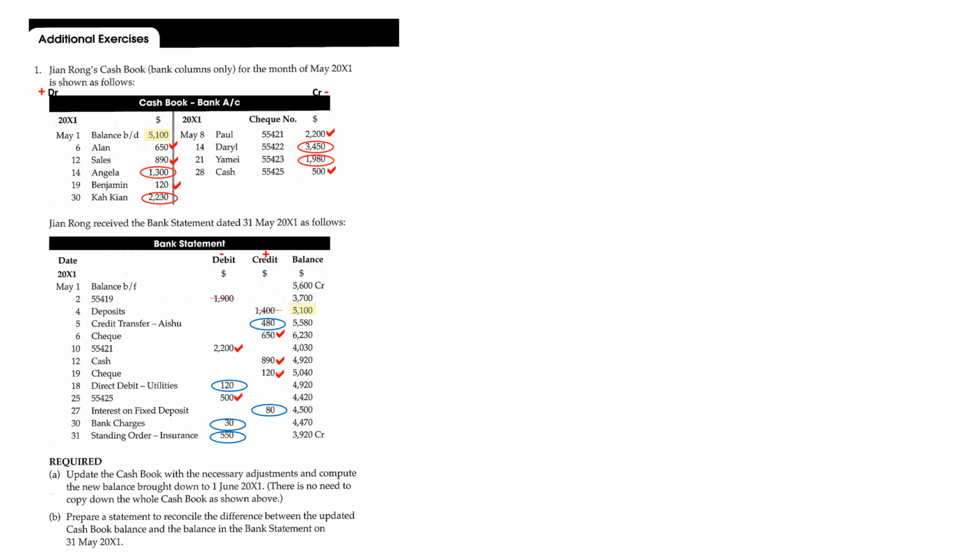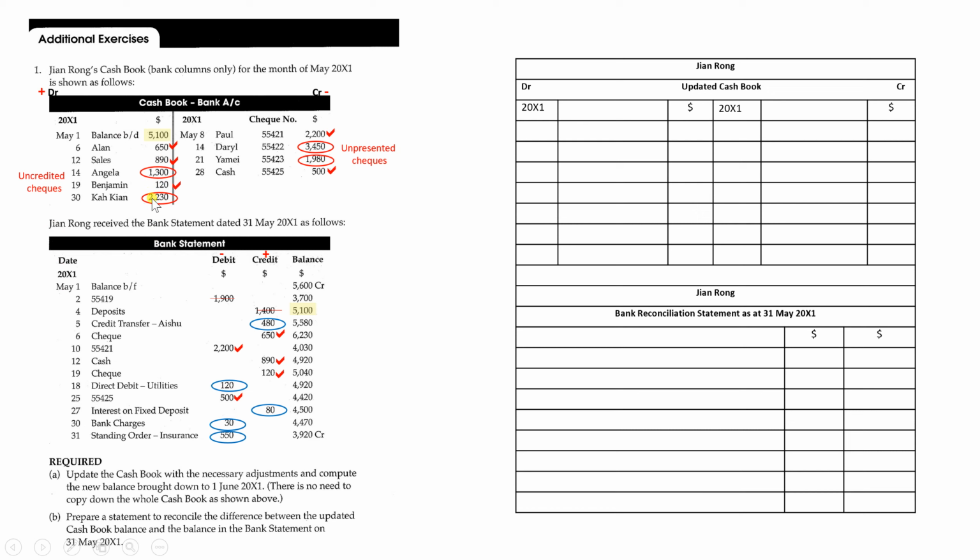Now these two will represent unpresented cheques, and this one on the debit side, these two are the uncredited cheques. Just a brief recall, unpresented cheques are the cheques which you have already made payment with to the supplier, but they have not yet presented it to the bank for payment, or probably they have already banked it in, but the bank has not debited yet.